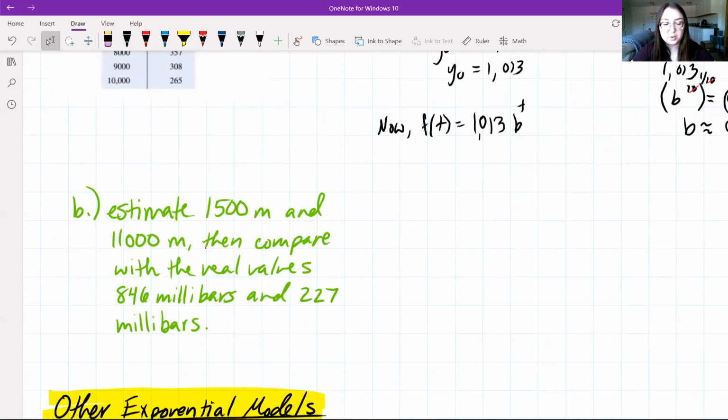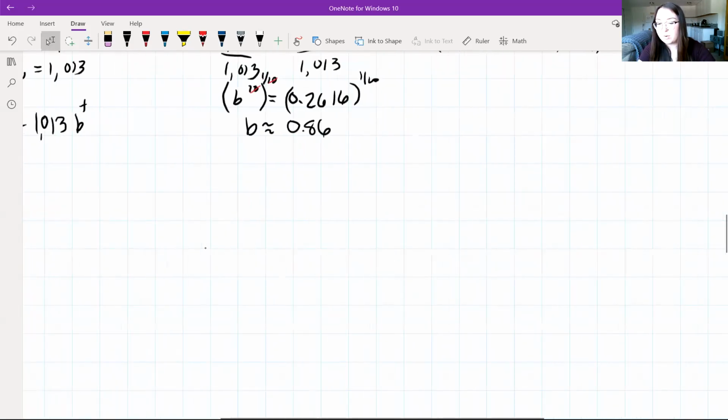Now part B is we want to estimate 1,500 meters and 11,000 meters, and then we're going to compare with the real values of 846 millibars and 227 millibars. So to do this, we are going to estimate these values using our equation.